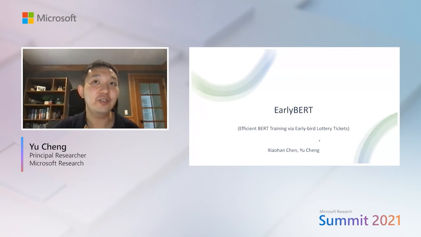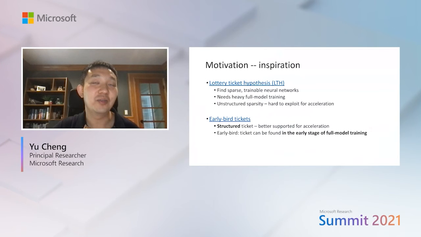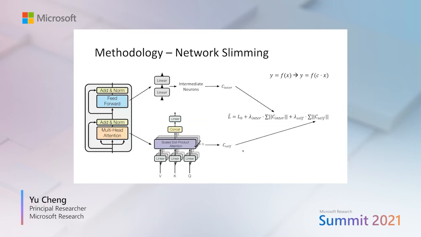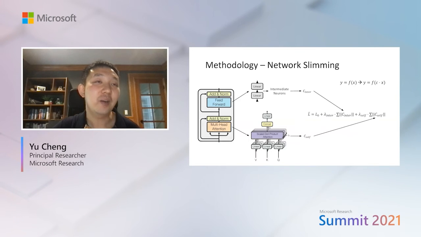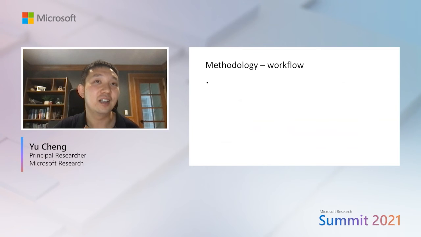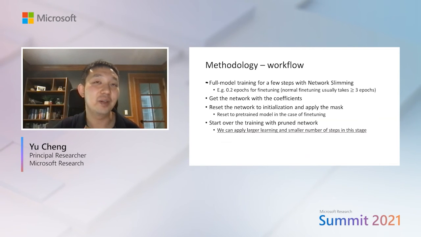After compression and pruning, I also thought about efficient fine-tuning and efficient training. The work called EarlyBERT is what we did for BERT models. The idea comes from the lottery ticket hypothesis, which assumes that you can get a sparse network at the beginning of training. We also follow another work, early-bird tickets, which we can do in a structural way. We use network slimming to reduce the number of attention heads and MLP layers to structurally prune the BERT models.